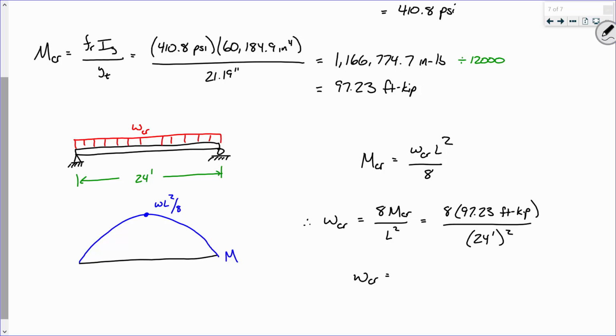So what's that going to be? 1.35 kips per foot.